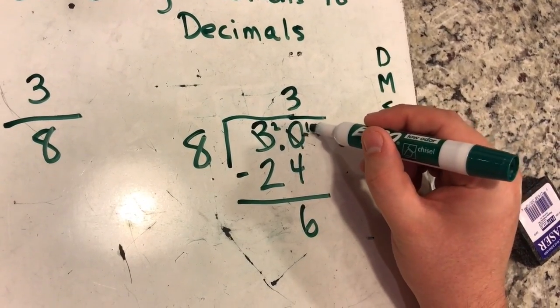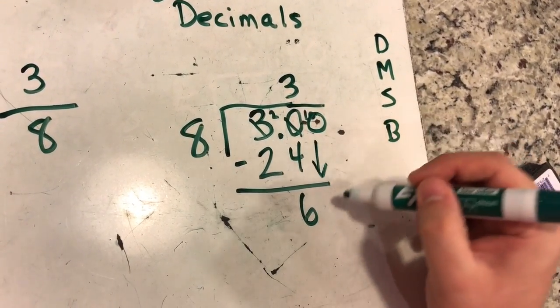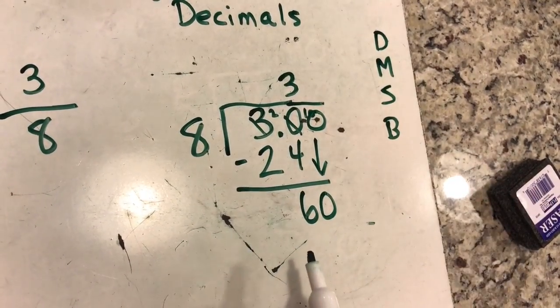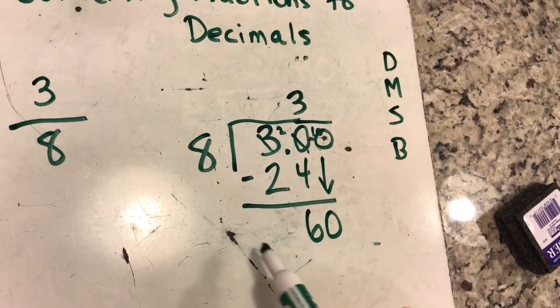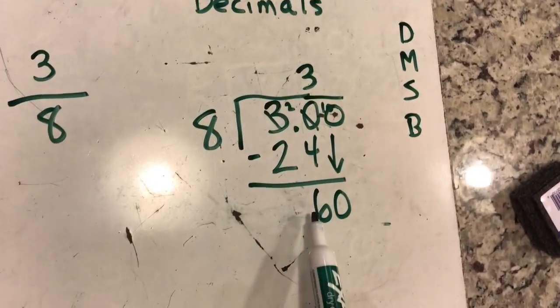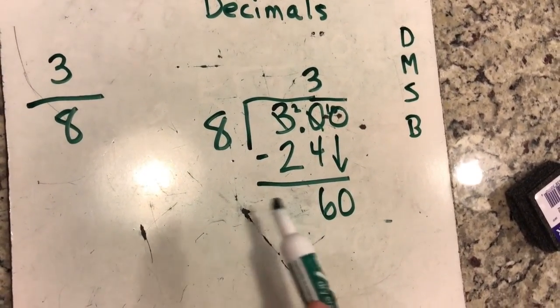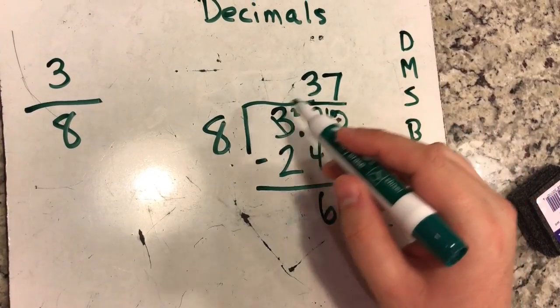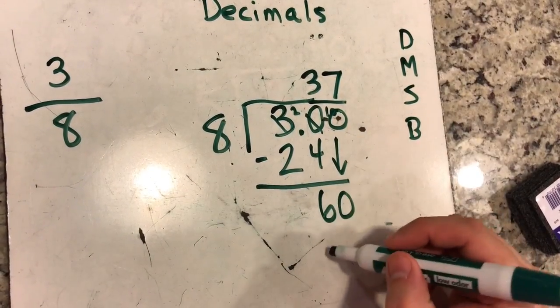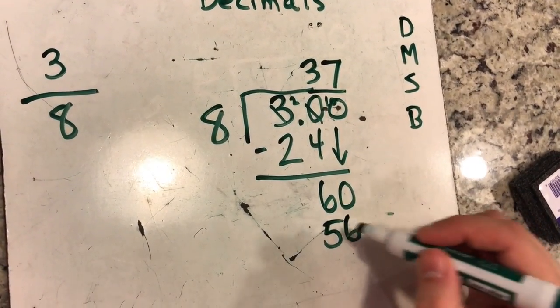So I'm going to put another 0 right here, and I'm going to bring it down. So now I have the number 60 right there, and I'm going to divide again, okay? So how many times does 8 go into 60 without going over? In this case, it's going to be 7 times. 7 times 8, because I'm on multiplication, is 56.